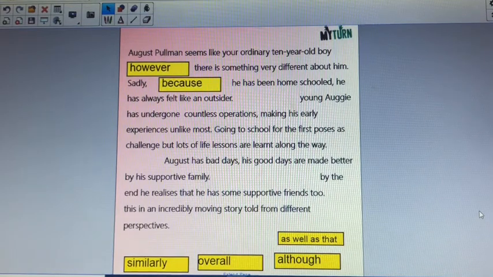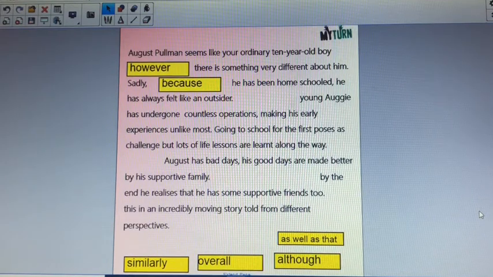Blank. Young Augie has undergone countless operations, making his early experiences unlike most. That says to me that we're adding an additional point, because we were saying that he feels like an outsider, but we're also saying that he's had countless operations.